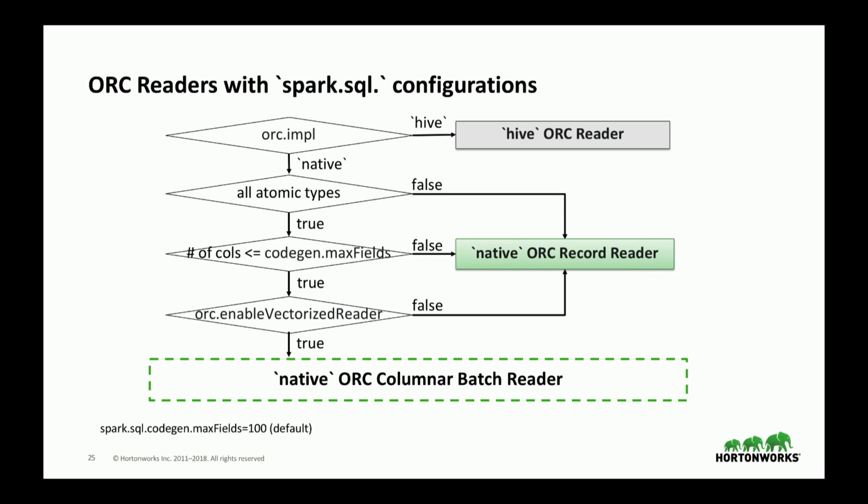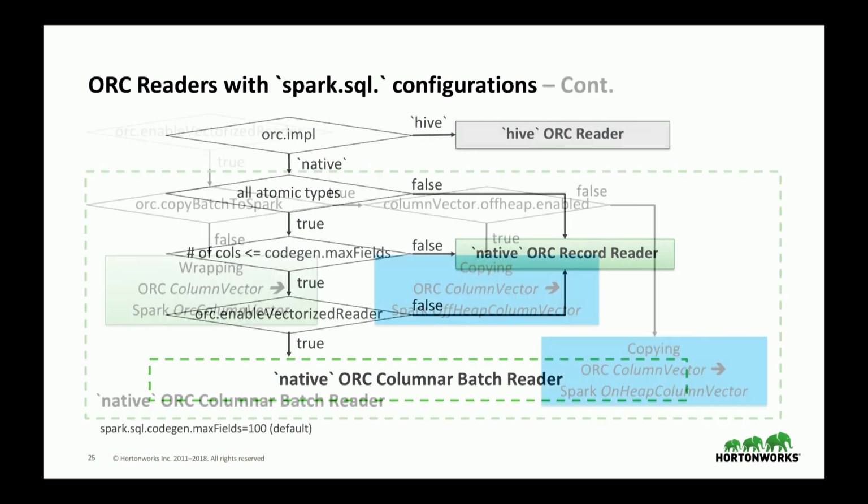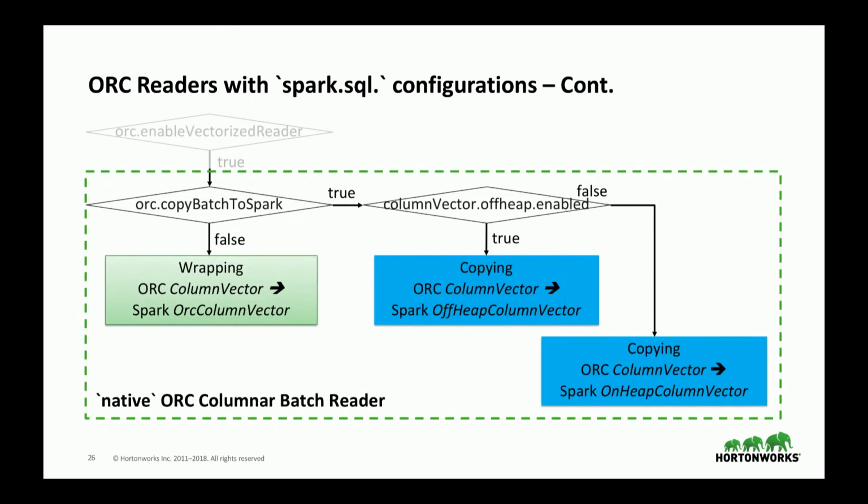After we pass all the 4 conditions, we go to the ORC columnar batch reader, and finally there are 2 more configurations and 3 code paths. Here we are trying to access the ORC column structure as the Spark column structure. So there is one approach, a wrapping approach.